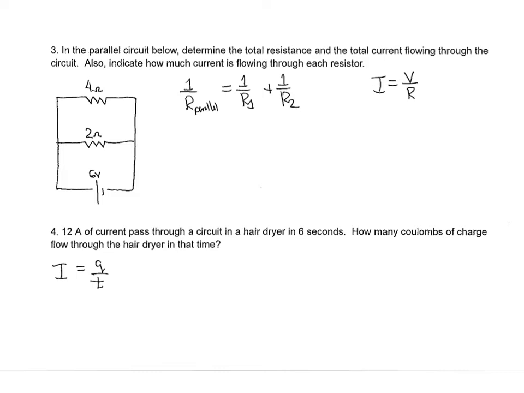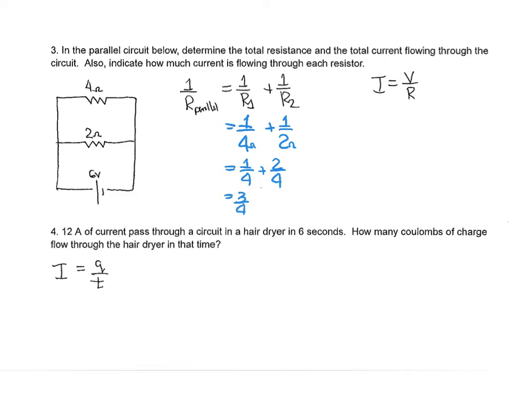So that's going to be 1 over 4 ohms plus 1 over 2 ohms. So I have to do a common denominator here. So that's going to be 1/4 plus 2/4 for a total of 3/4.